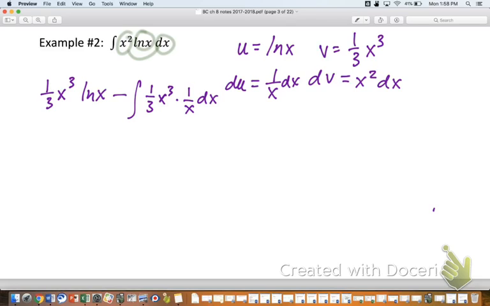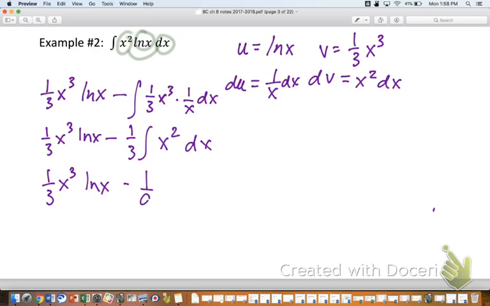The x and the x cubed, they cancel out, don't they? So you end up with 1/3 x cubed natural log of x minus 1/3 integral of x squared dx. Final step. So a simple power rule at that point, and you're done.